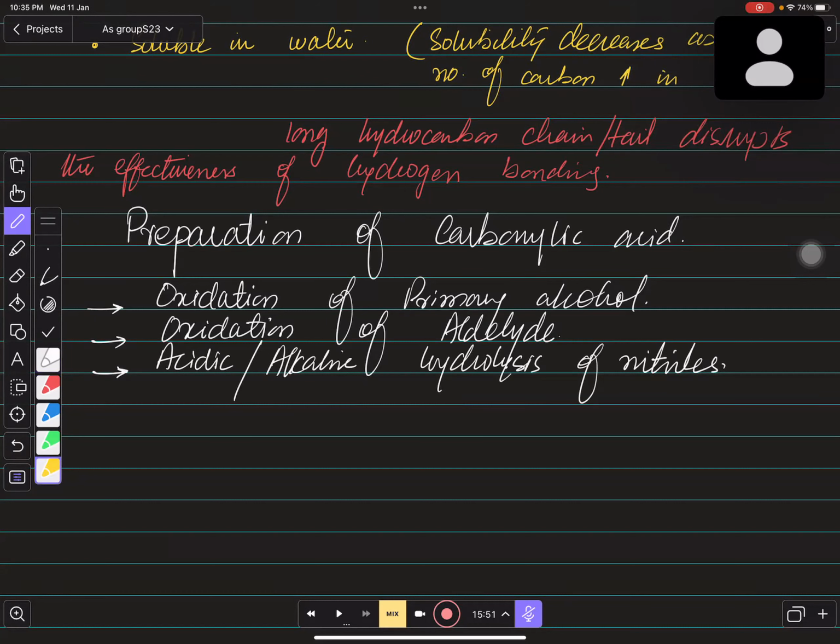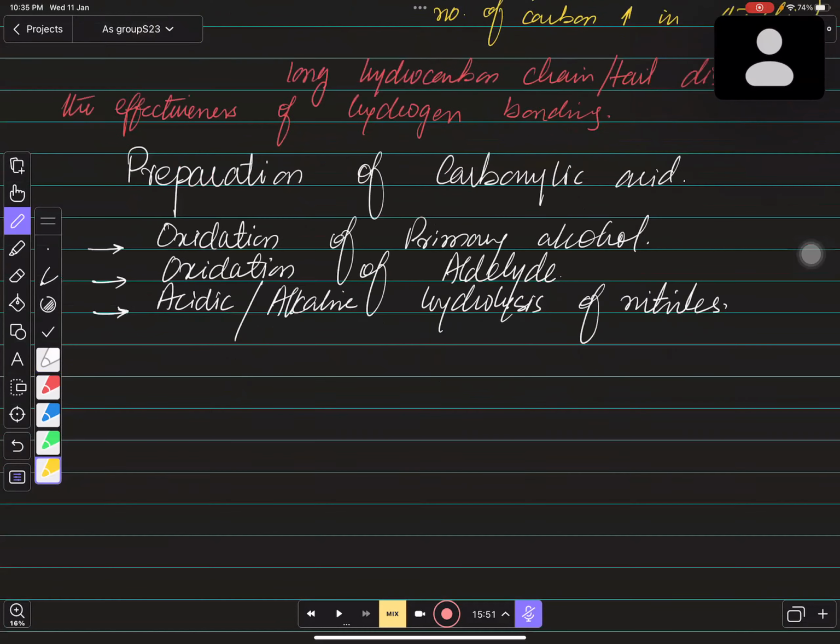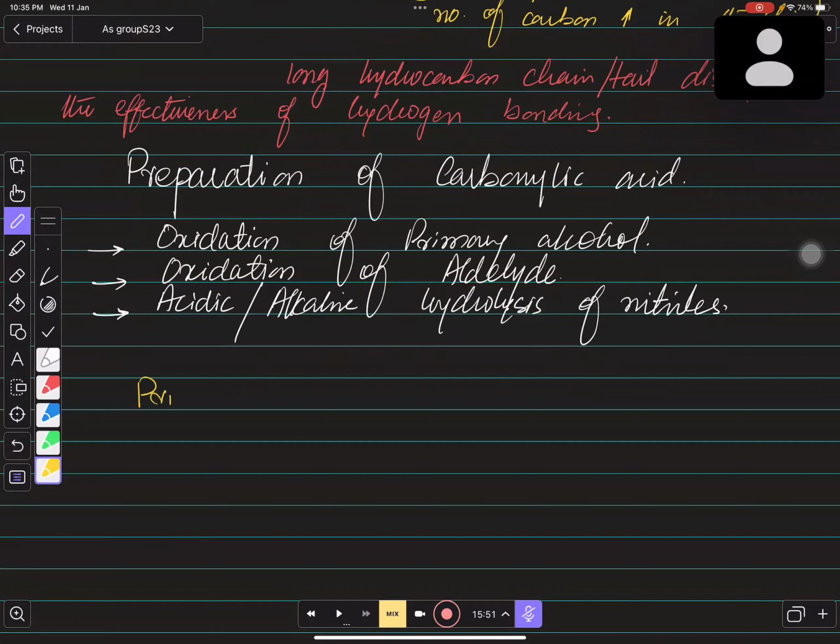If you do not remember this, let me tell you again. If you have primary alcohols, you can convert this into aldehyde, or you can convert this directly into carboxylic acid if you want. And I told you how you can convert this directly. You need to use a strong oxidizing agent over here.